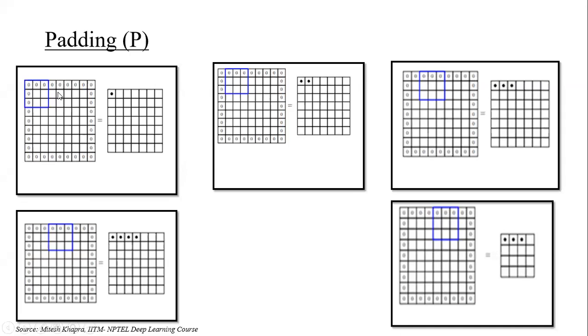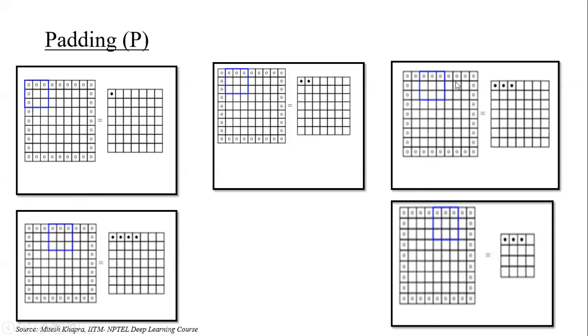So the same example, the input is 7 by 7, and now you have added one extra row along each side. So it is 2 rows horizontally and 2 rows vertically. The size of the output image will change. So now I can place it here, I can scroll it to the next bit, I take it still further and still further.